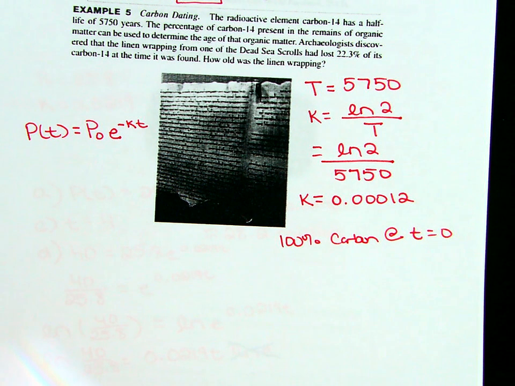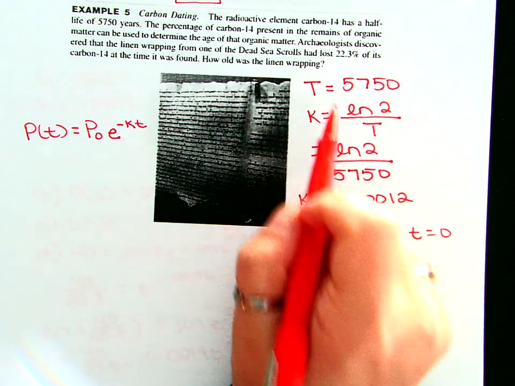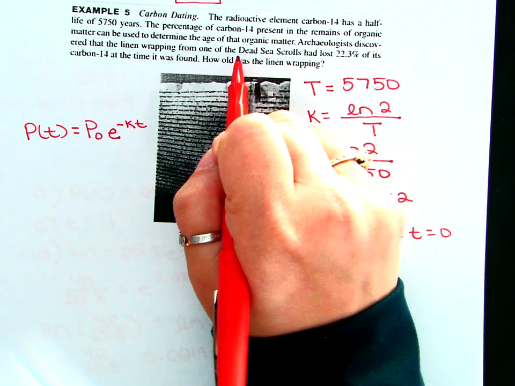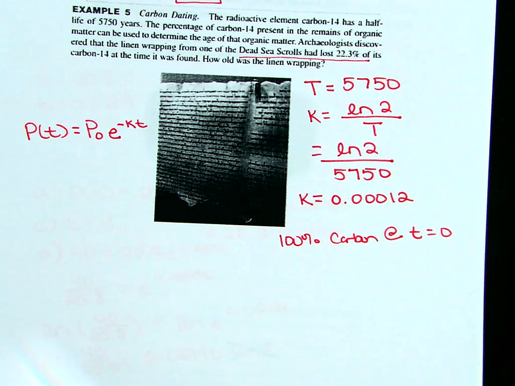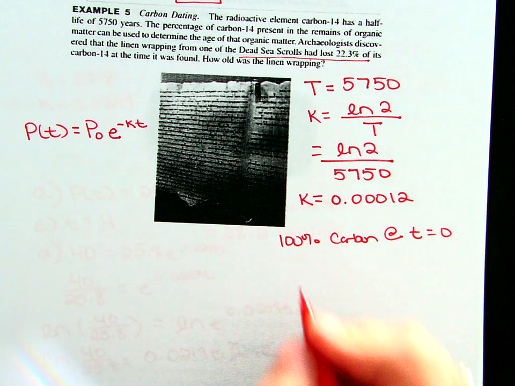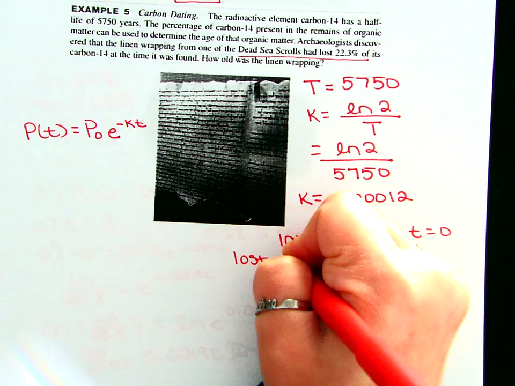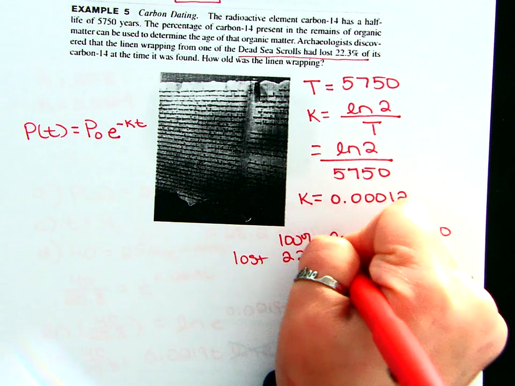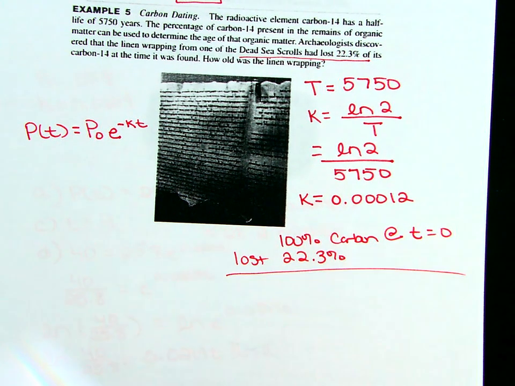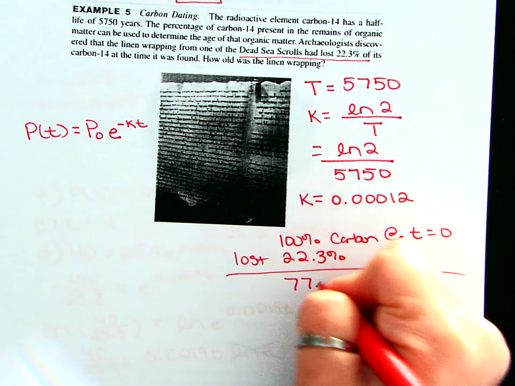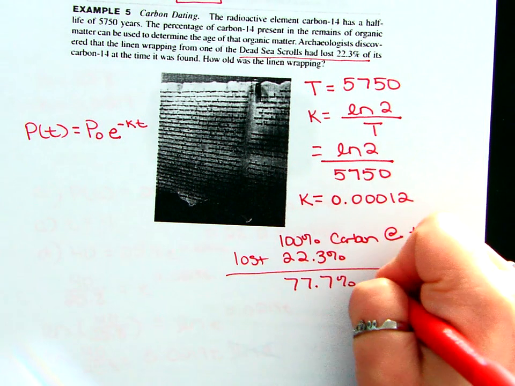But we know, according to this, that the Dead Sea Scroll had lost 22.3% of its original carbon, meaning we have 77.7% carbon right now in our current state.